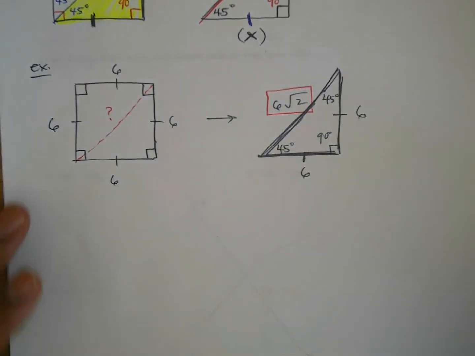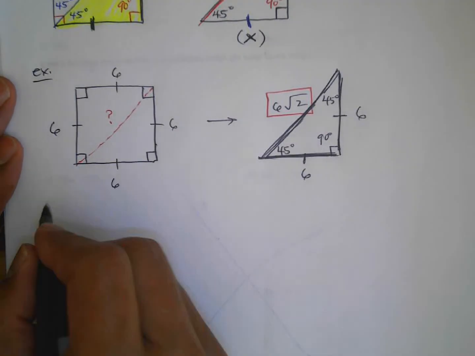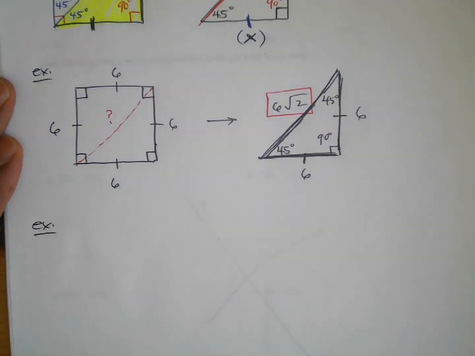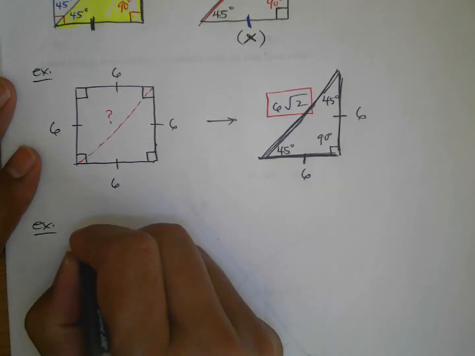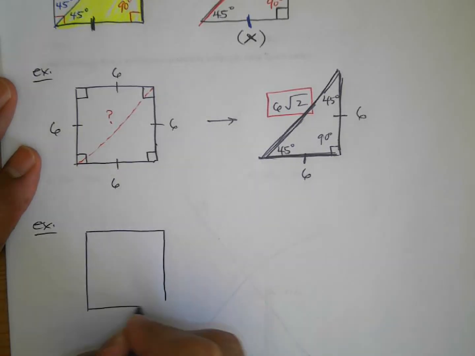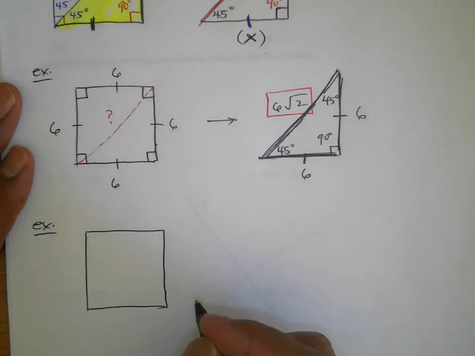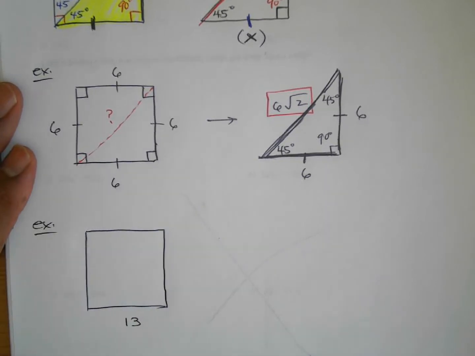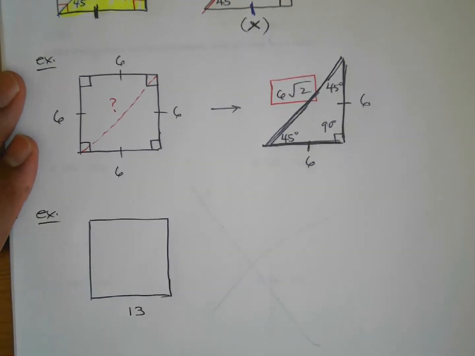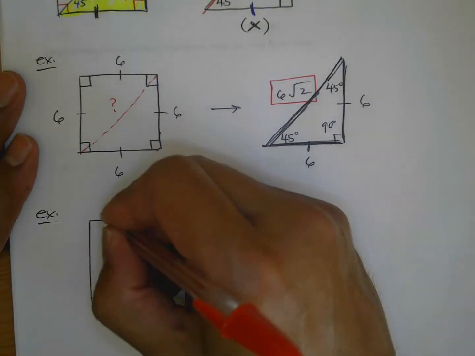All right, one more simple one. Another square that has side 13. What if they draw the diagonal this way?